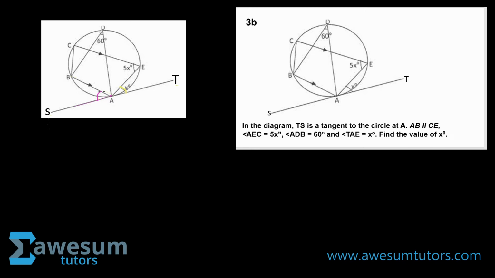So that means this angle right here is going to be equal to the angle in the alternate segment, and this is the alternate segment, which is 60 degrees.